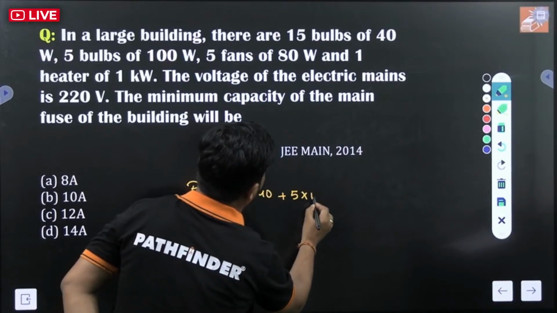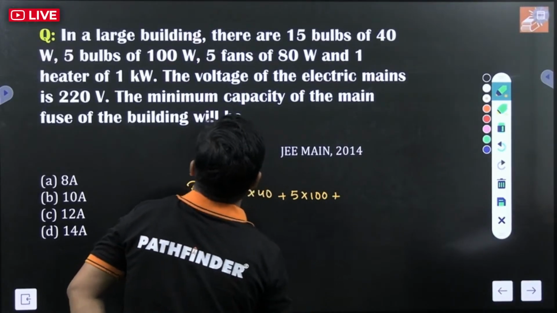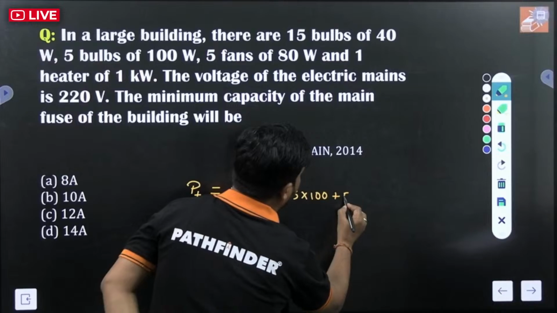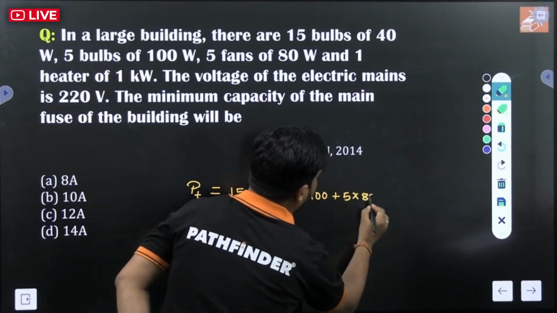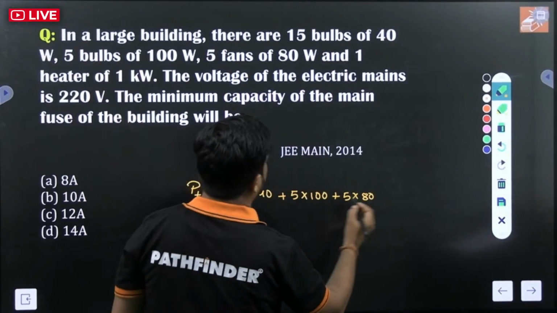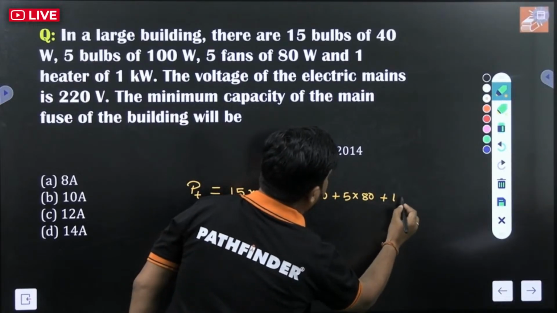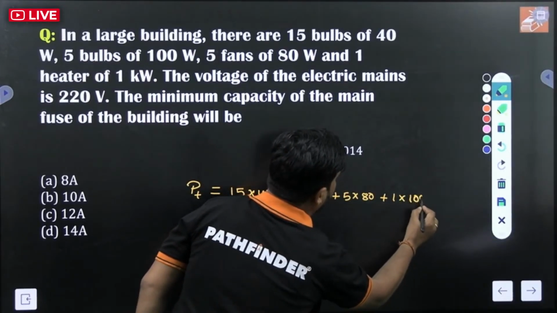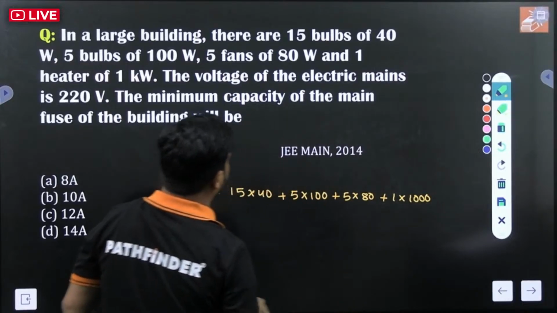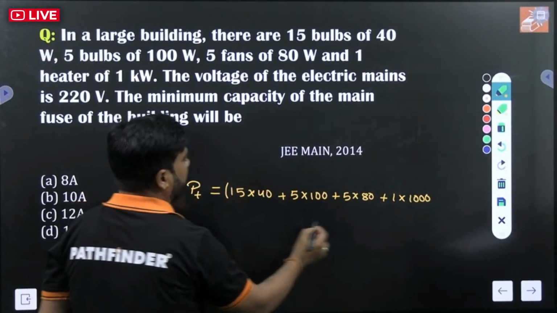so 5 into 100, plus 5 fans of 80 watt, so 5 into 80, and 1 heater of 1 kilowatt. 1 heater of 1 kilowatt means 1000 watt. So this much power is needed.